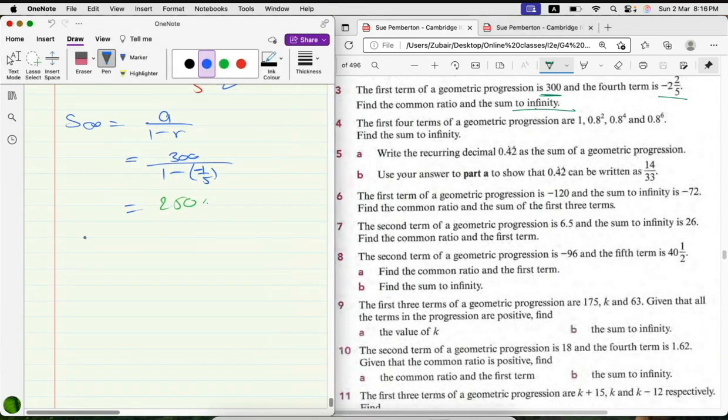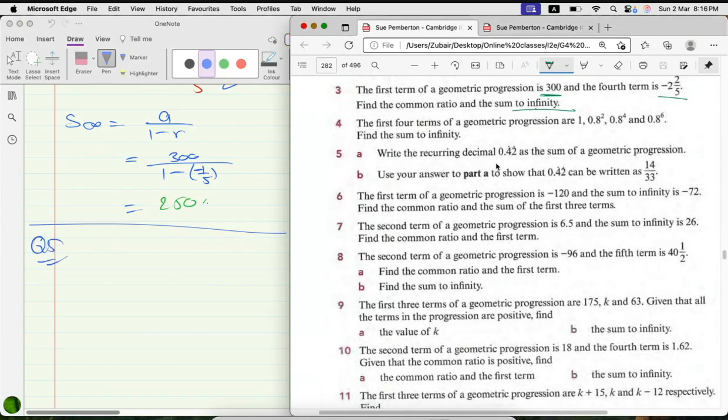Going for question number 5. Write the recurring decimal 0.4242 as a sum of a geometric progression.